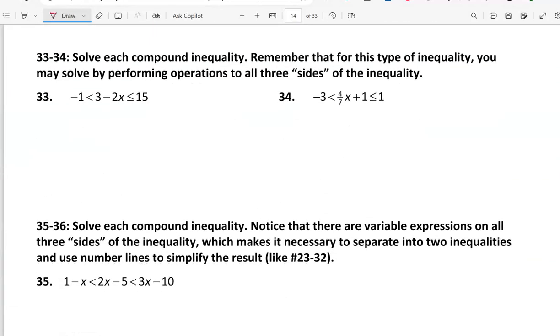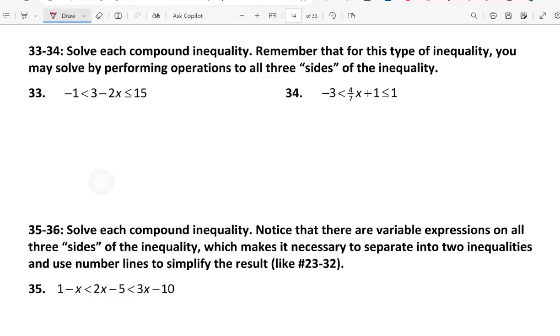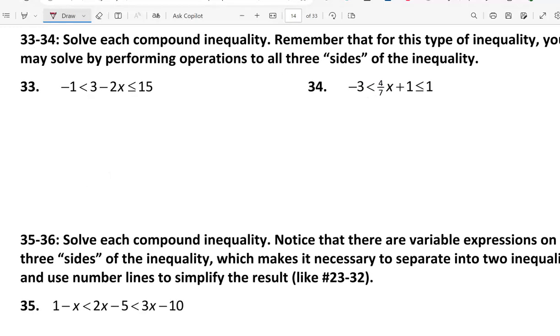In 33 and 34, we're going to solve a compound inequality. You may perform operations to all three sides of the inequality, so left, center, and right. We'll start by subtracting 3 from -1. Subtracting 3 from 3 minus 2x is -2x.